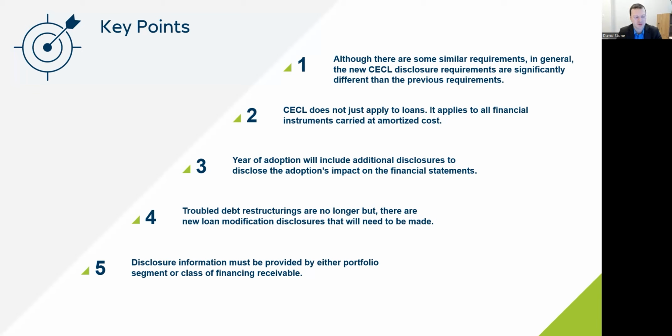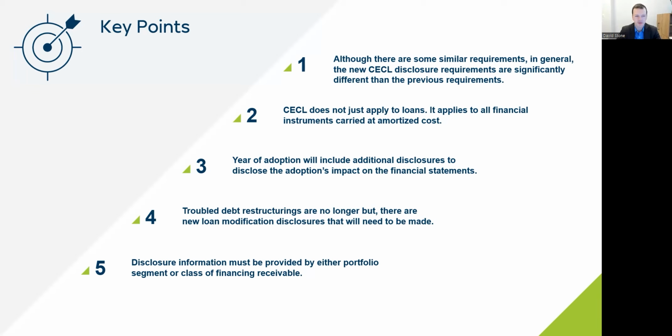Now, number 5 here, so disclosure information must be provided by either portfolio segment or class of financing receivable. Now, the definition of portfolio segment, this comes right from the codification, is that it's the level at which an entity develops and documents a systematic methodology to determine its allowance for credit losses.